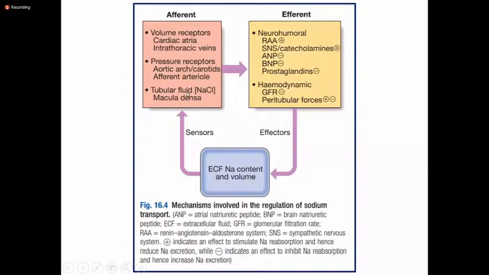And when these changes are sensed by these various receptors, there are effector mechanisms that are brought into play. We've already talked about activation of the renin-angiotensin system, activation of the sympathetic nervous system. You have inhibition of the atrial and brain natriuretic peptides, and inhibition of the prostaglandin, which all act to try and normalize the extracellular fluid volume and also the sodium content and potassium content.